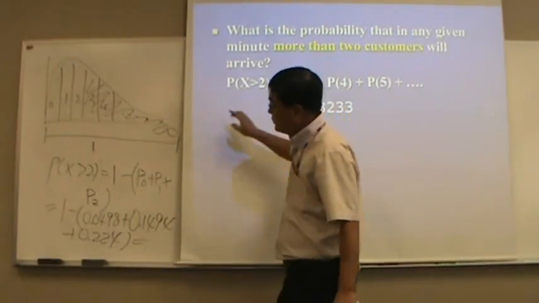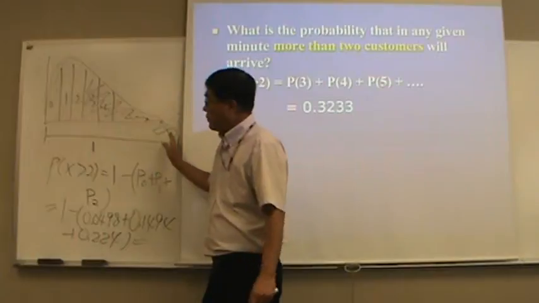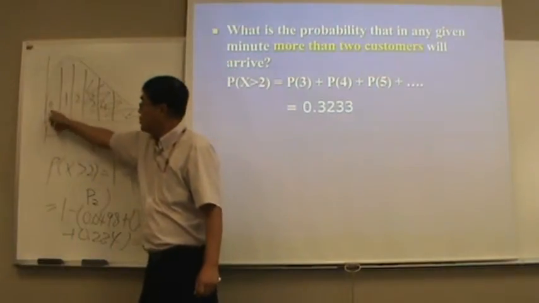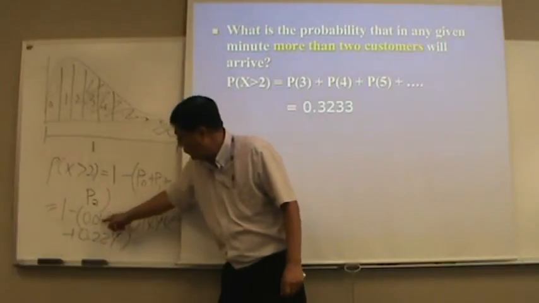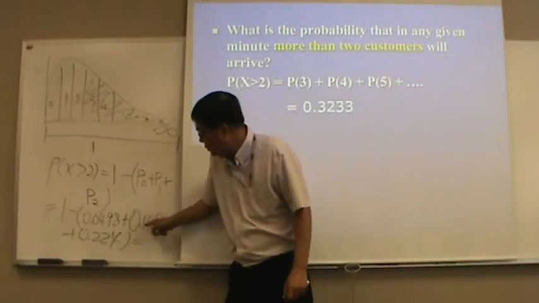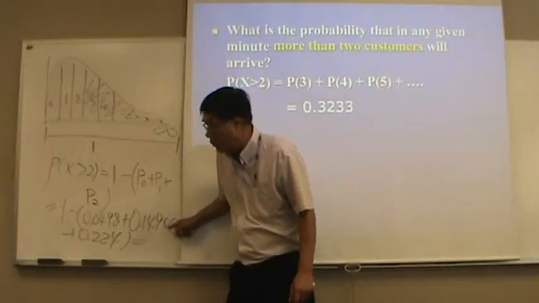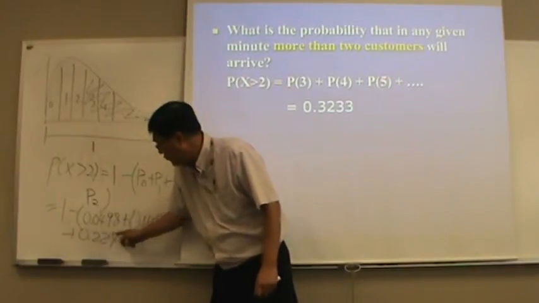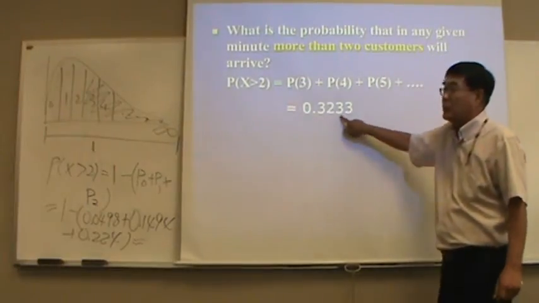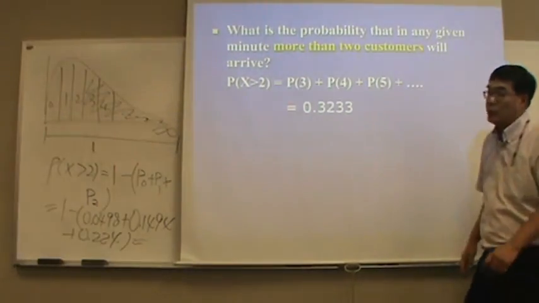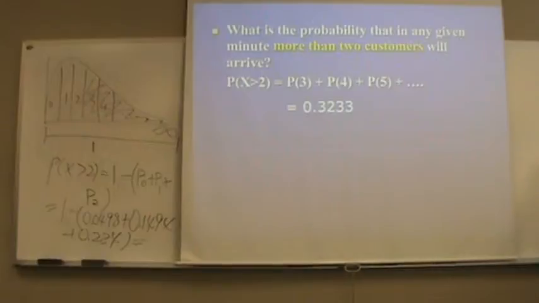This one is subtracted from the total 1: 1 minus this much, 0.0498 plus 0.1494 plus 0.224 from the table, that is 0.6767, 32.33%.